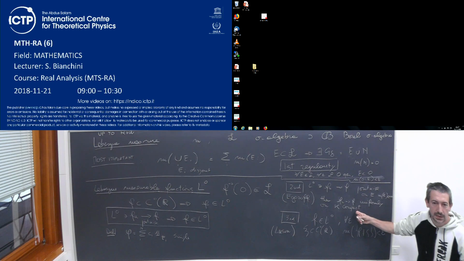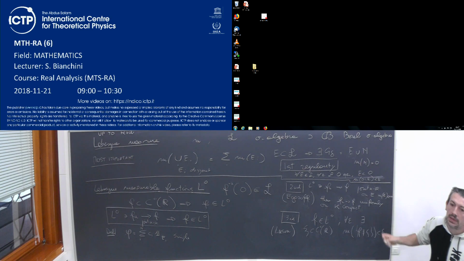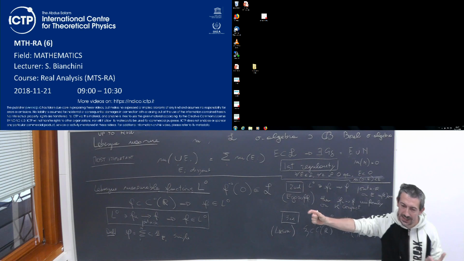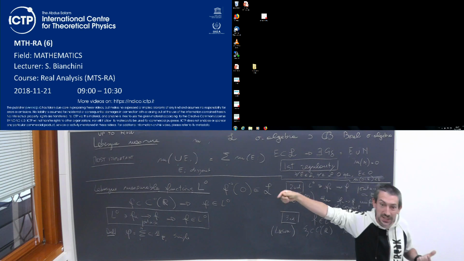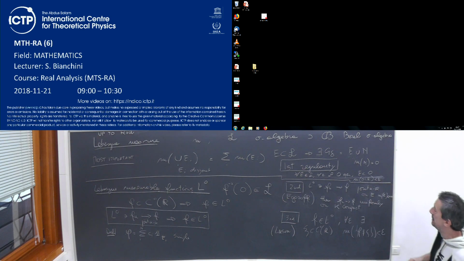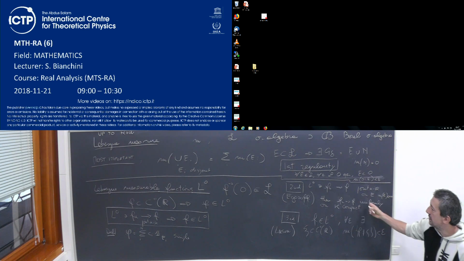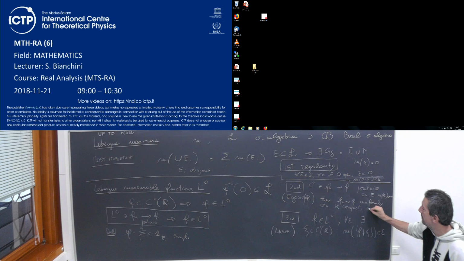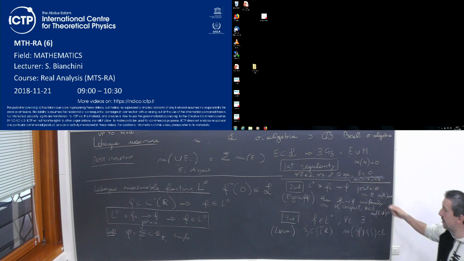The tricky part is that we proved it for closed sets, and we know that bounded measure does not imply bounded sets. Yes, but since it is the sum of pieces, at some point the remaining part going to plus infinity has more measure, because otherwise it's always a sum which diverges. So on K contained in E, with the measure of E minus K less than epsilon, for all epsilon, this holds.